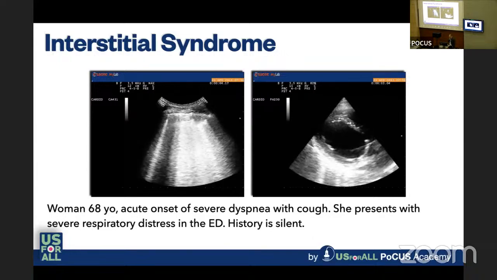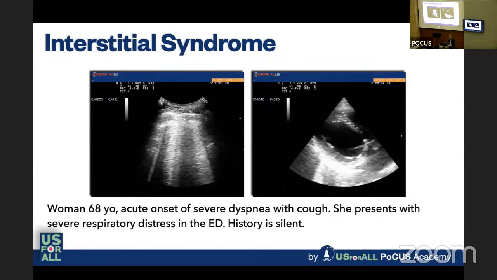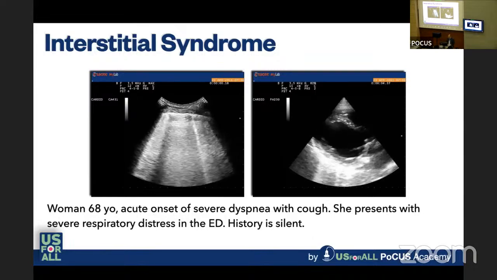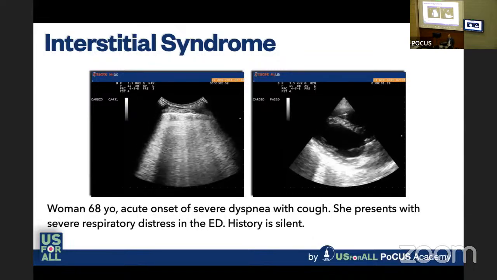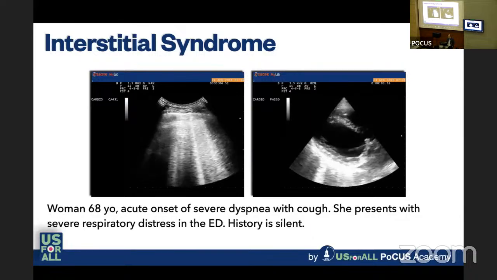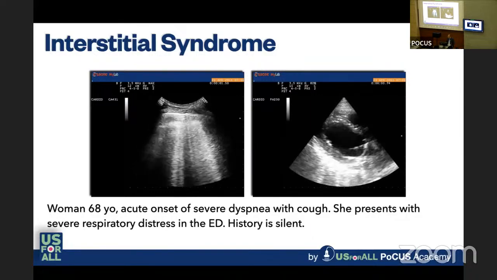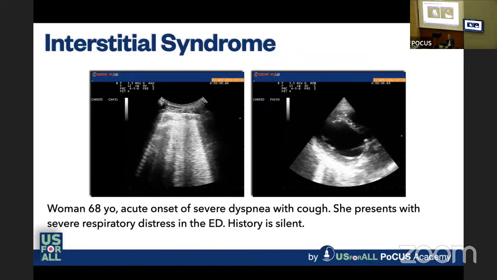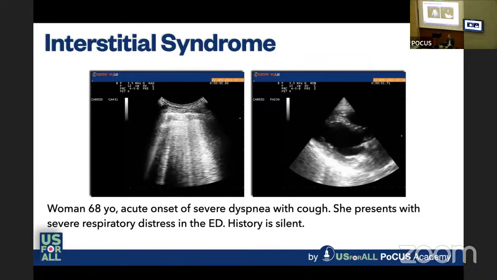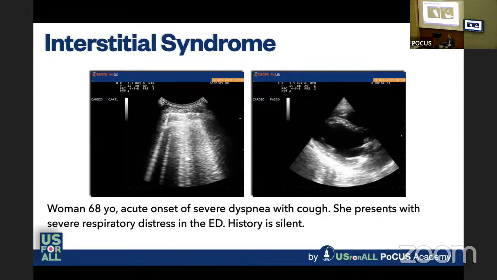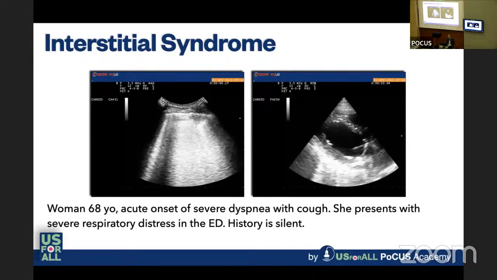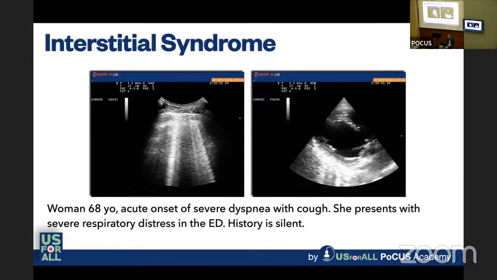Для того чтобы точно сказать, что B-линии появляются из-за отека легких или другого состояния, нам нужно сопоставить присутствие B-линий с эхокардиографией. Например, у этого пациента есть B-линии и сердечная недостаточность, что указывает на отек легких, появившийся в результате сердечной недостаточности.